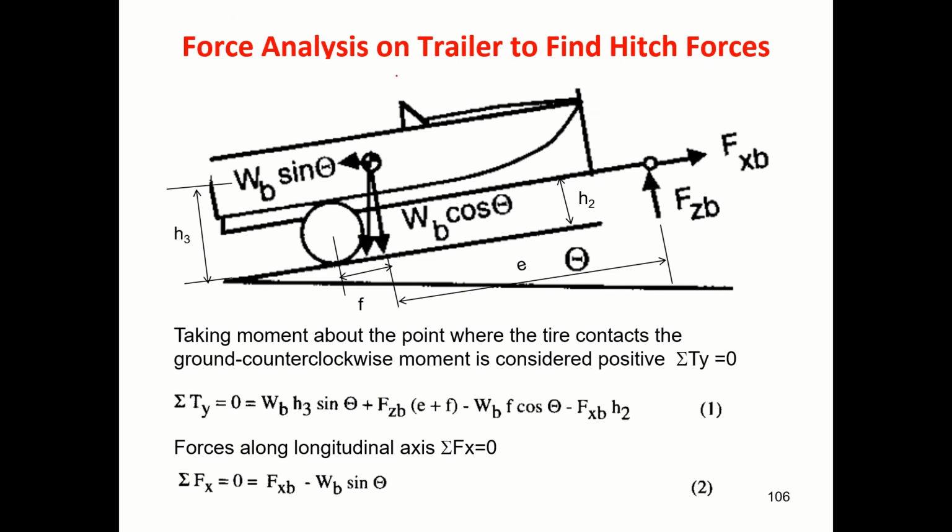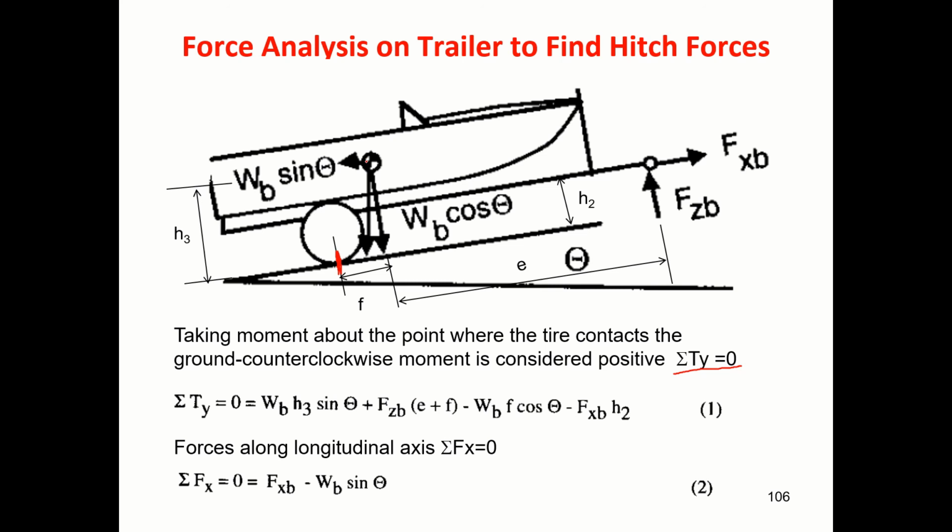So now I have to just do force analysis on the trailer to find hitch forces. Let me take moments about the point where the tire contacts the ground, counterclockwise moment considered, sigma Ty equal to 0. About this point I will take. Look here now.